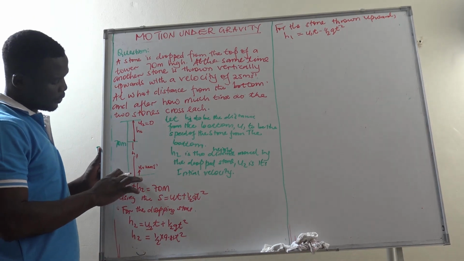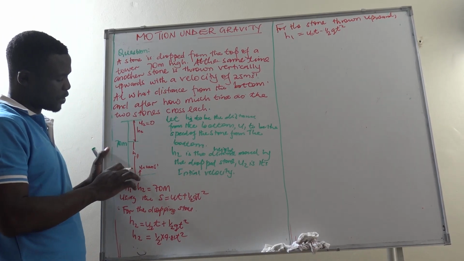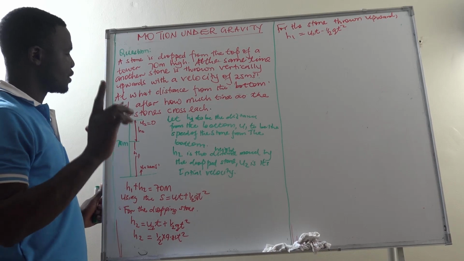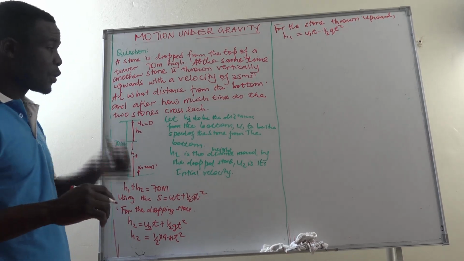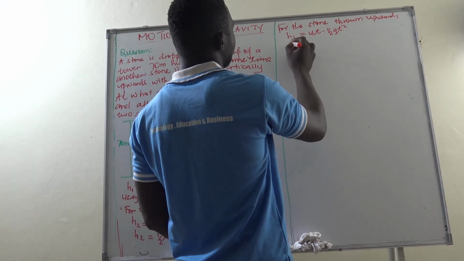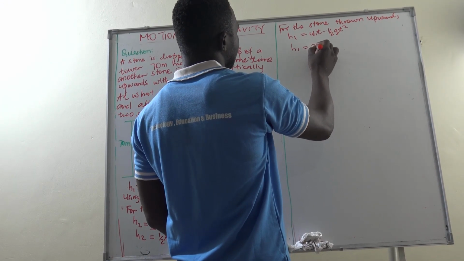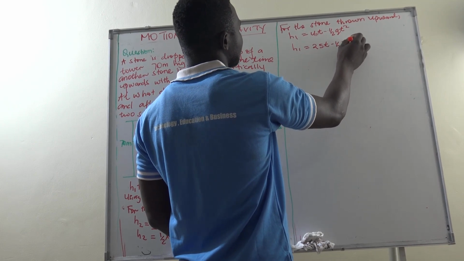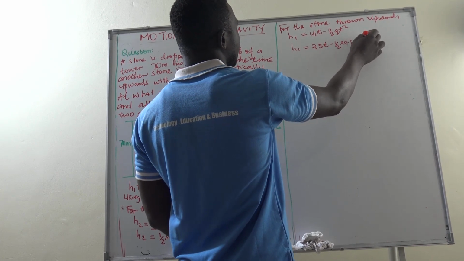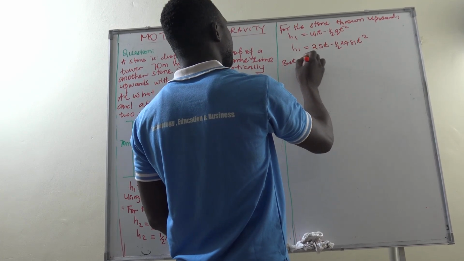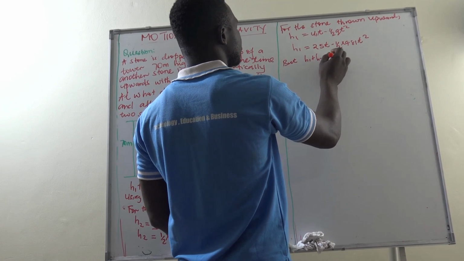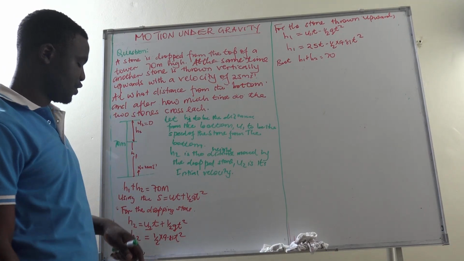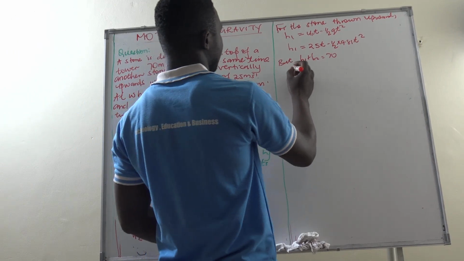The fact that this stone is thrown at the same time this one is dropped means that at the point of crossing, they have both used the same time. Therefore, our H1 here is equal to 25t minus a half times t squared. But we know that H1 plus H2 should give us 70, because in the two expressions the only unknown is t. So we come and add them.